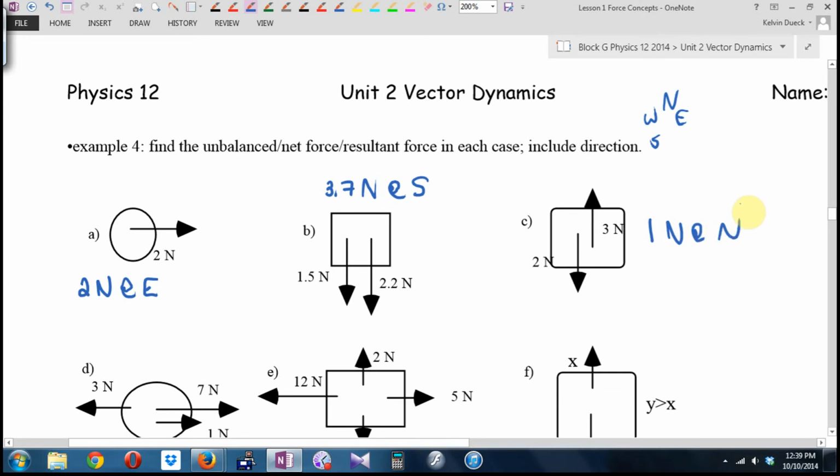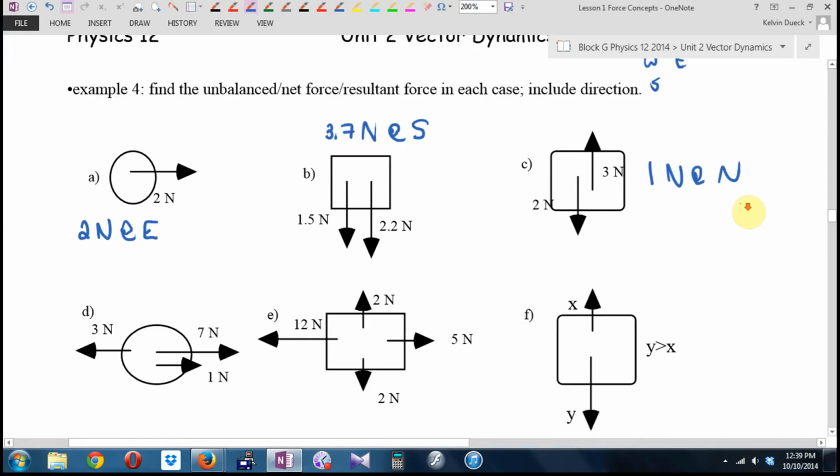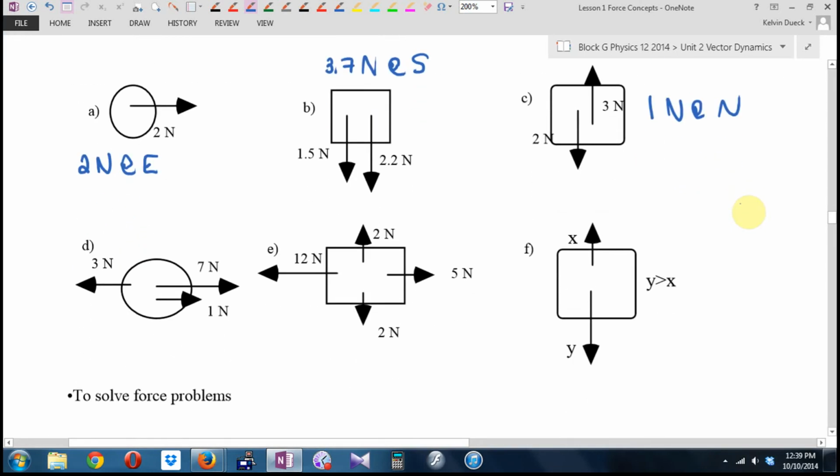So we're doing vector math. What about vector D? The net force would be 5 newtons due east.